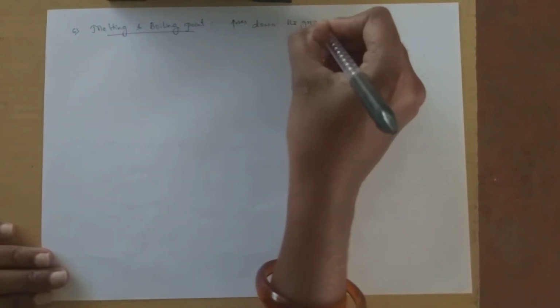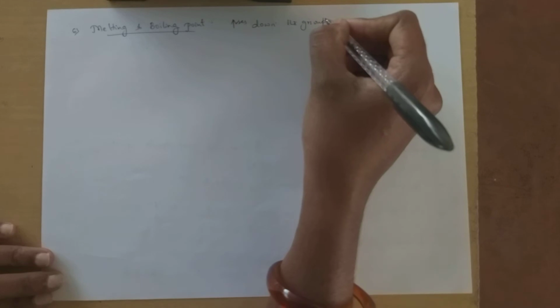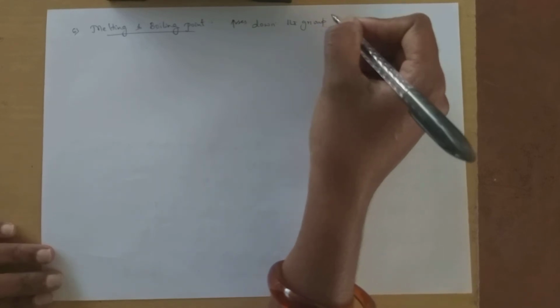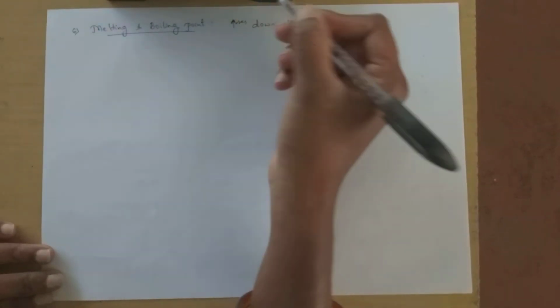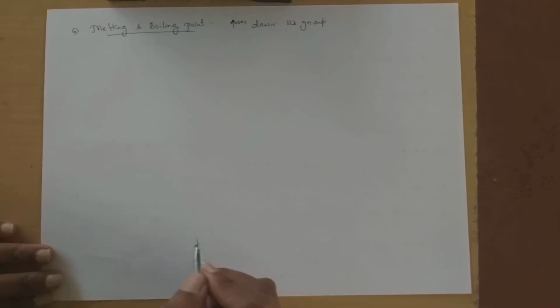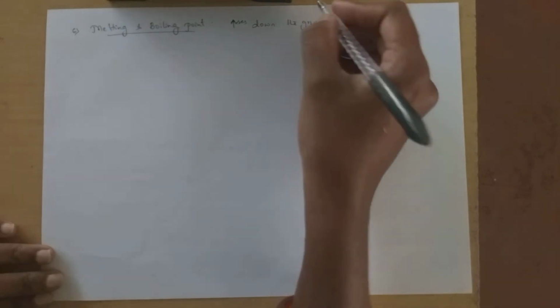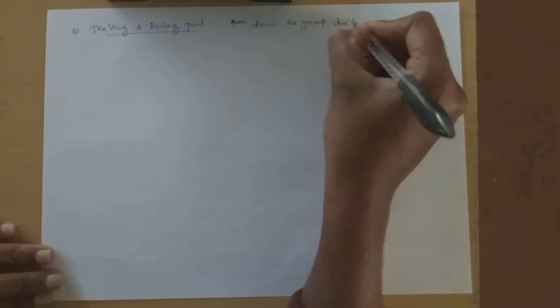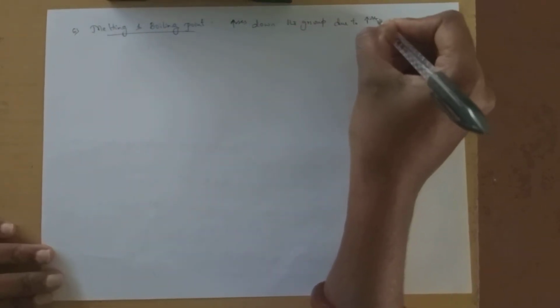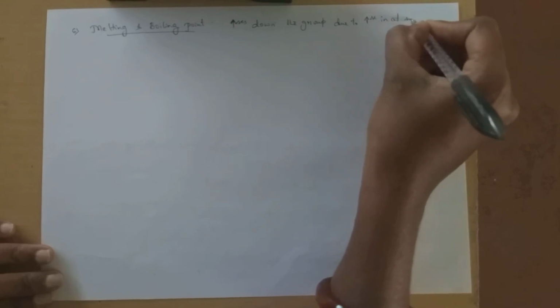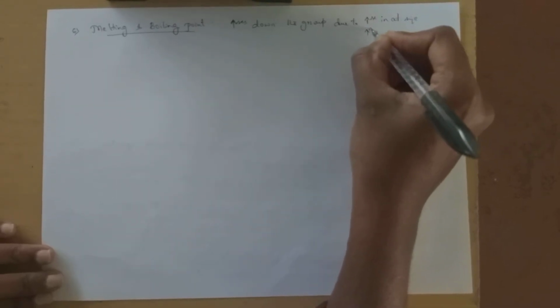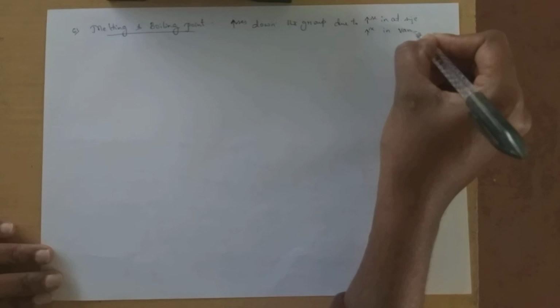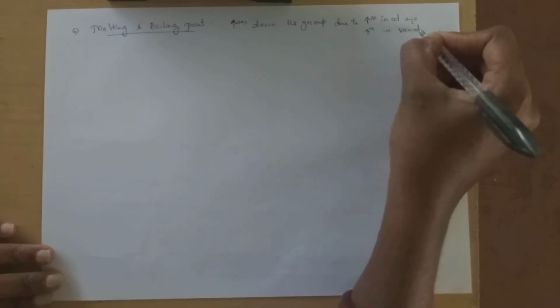That is due to the increase in van der Waals force of attraction. Okay? So it usually increases down the group, due to the increase in atomic size as well as the increase in van der Waals force of attraction.